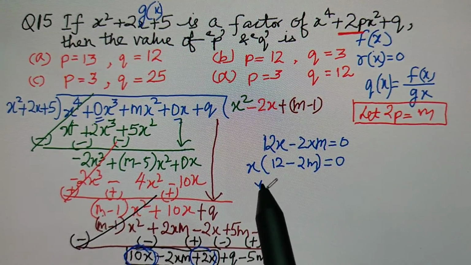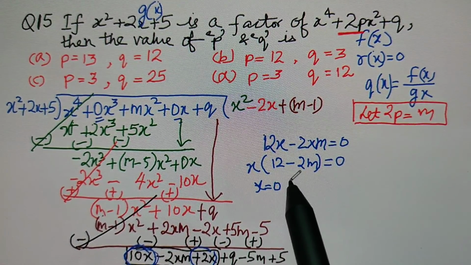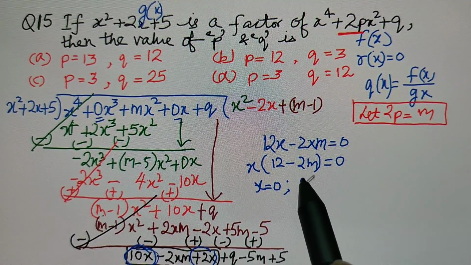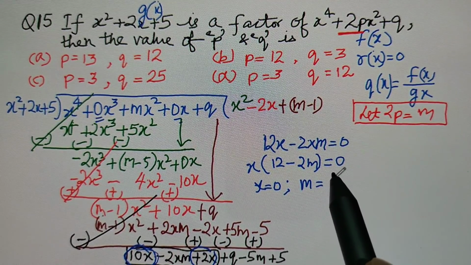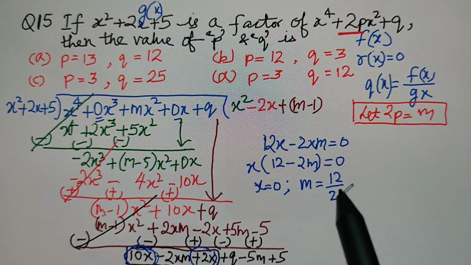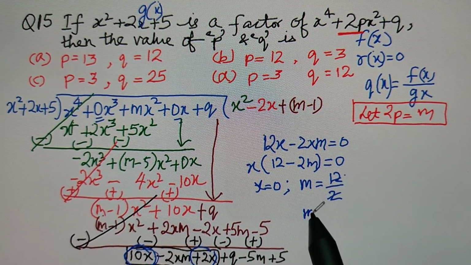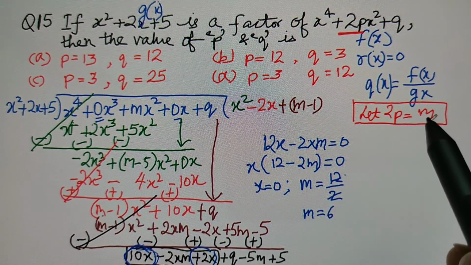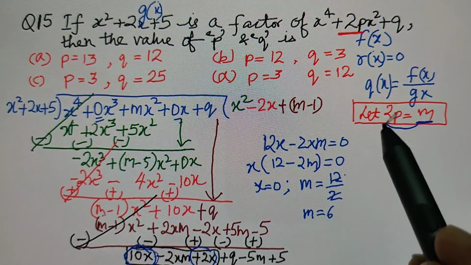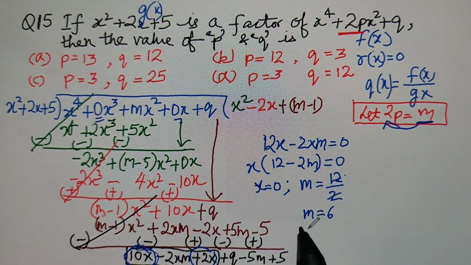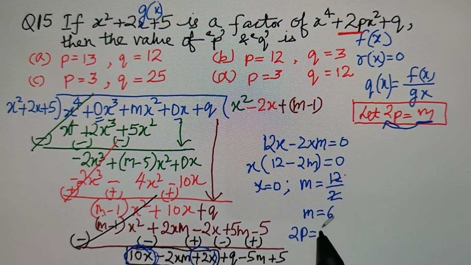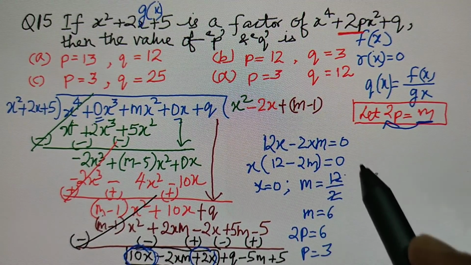One of the factors is x equal to 0, and then I have m equals 12 divided by 2, which is 6. Now I have taken 2p as m, so 2p is equal to 6, so the value of p comes out to be 3.